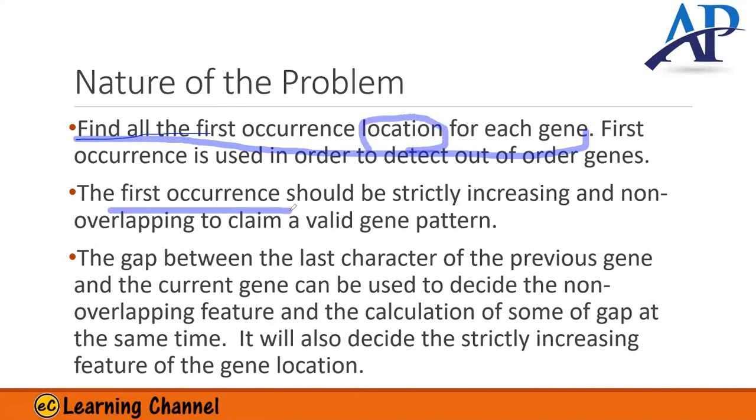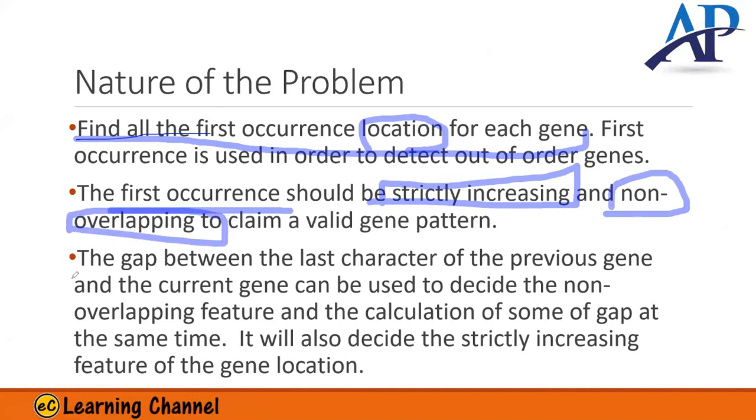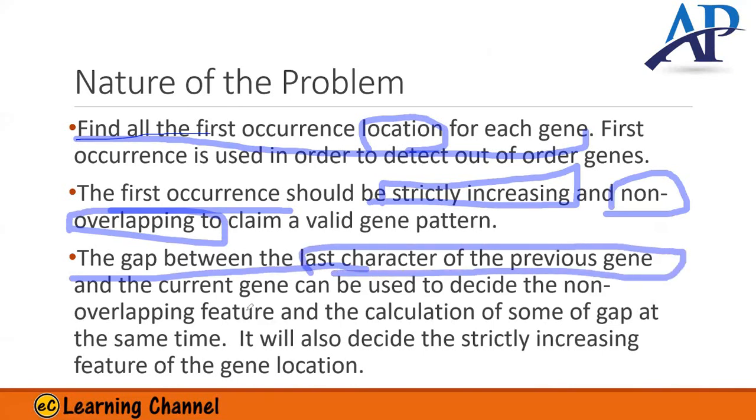So the first occurrences must be strictly increasing. That's number one. Second, it shouldn't be overlapping. So the gap is computed between the end of the previous gene and the start of the current gene, and then you take the sum of them.